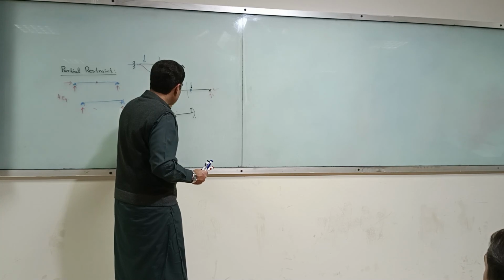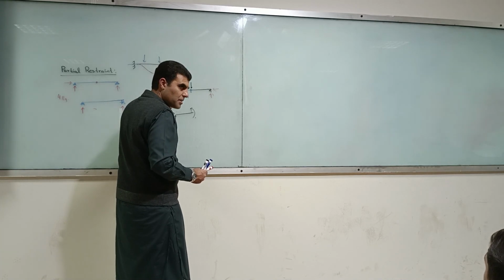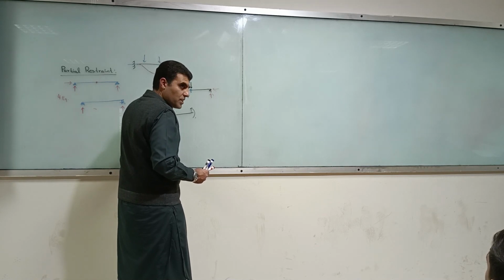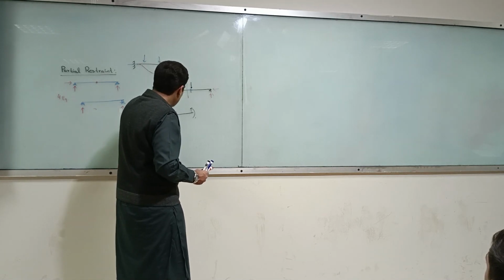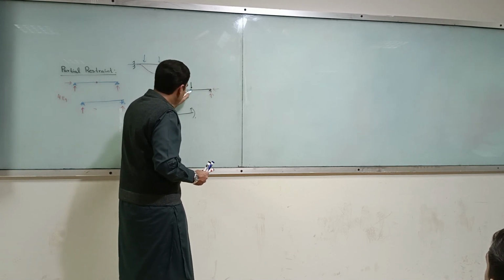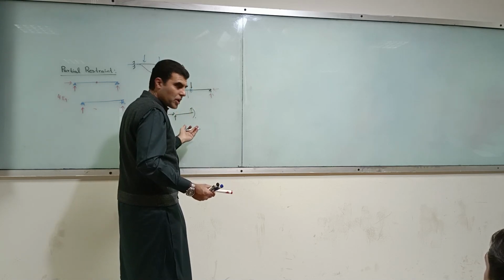That moment would be this force times this lever arm. But as you go over there, that moment will start decreasing. Why? Because you will have this one cancelling the effect of that, and by the time you reach over here, you will have 0 moment.